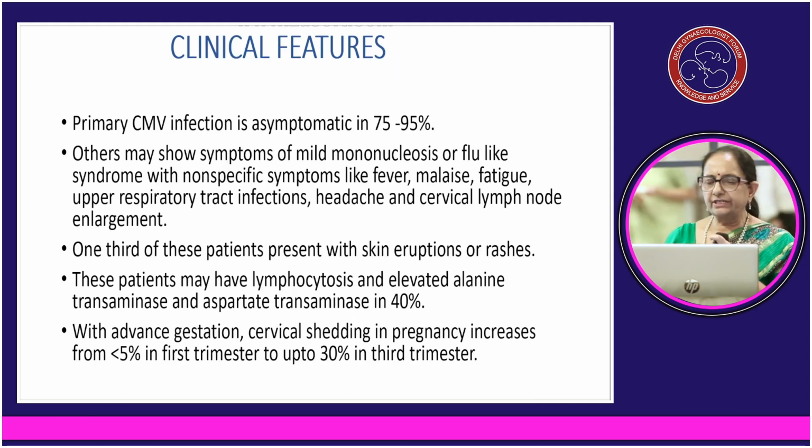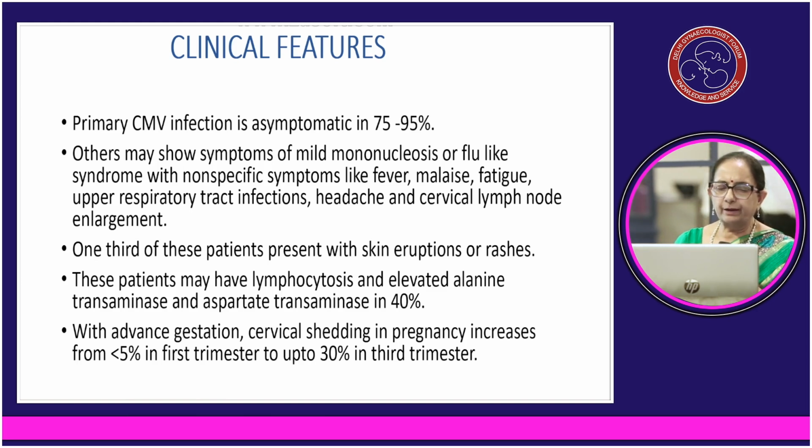Primary CMV infection is asymptomatic in 75 to 95% of the cases. Others may show symptoms of mild mononucleosis or flu-like syndrome with non-specific symptoms like fever, malaise, fatigue, upper respiratory tract infections, headache, and cervical lymph node enlargement. One-third of these patients present with skin eruptions or rashes.